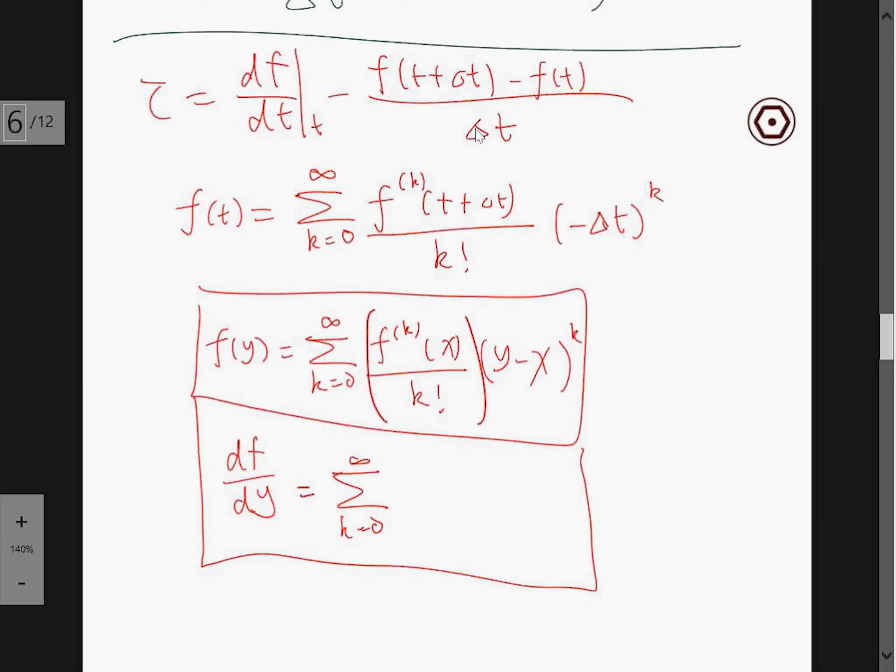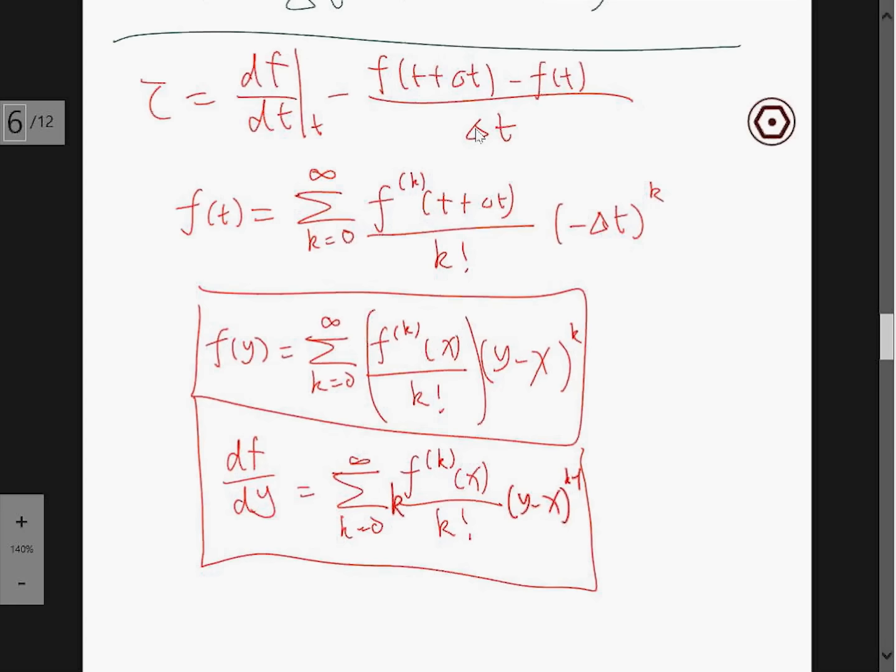So this term doesn't depend on y. Only this term depends on y, right? So what I'm going to get is k times the kth derivative of f at x, divided by k factorial, times y minus x to the k minus 1 power.